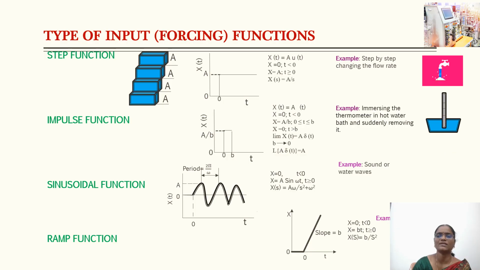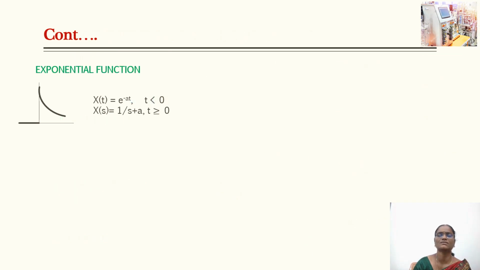Now coming to the next type of input, the exponential input. What is an exponential input? The x of t is e power minus at, so X of s is 1 upon s plus a.